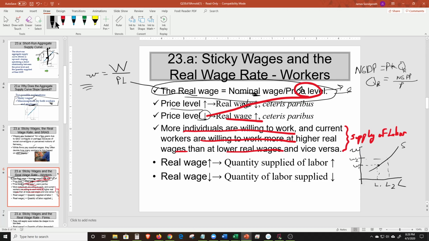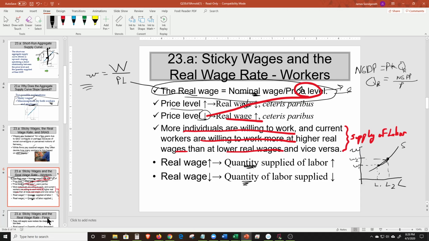Okay, so this is a labor market here. So the real wage goes up, the quantity supplied of labor goes up. So in other words, they're saying we're moving along the supply curve. Quantity supplied, not supply, right? Quantity of labor supplied, right? Okay, why are we talking about the supply curve?